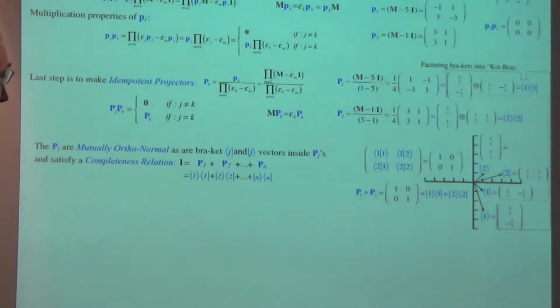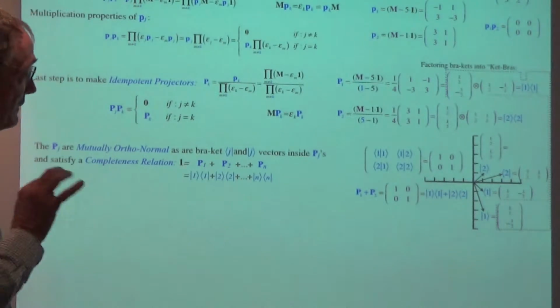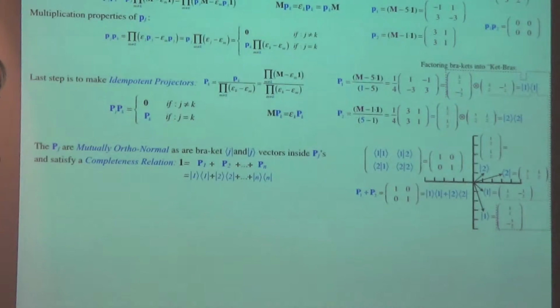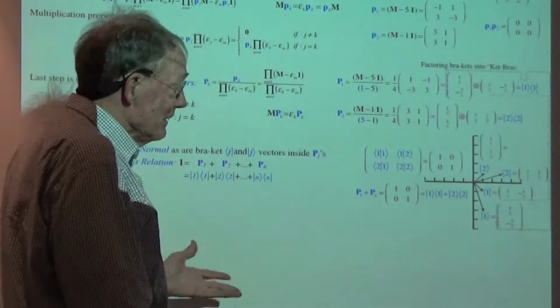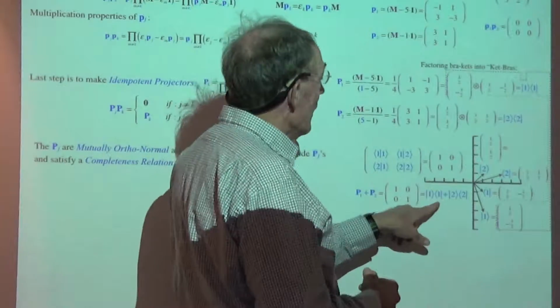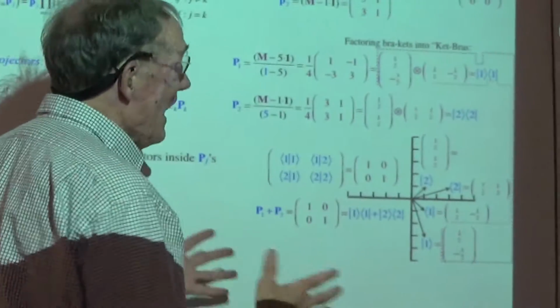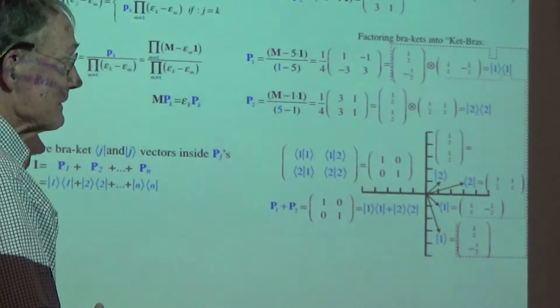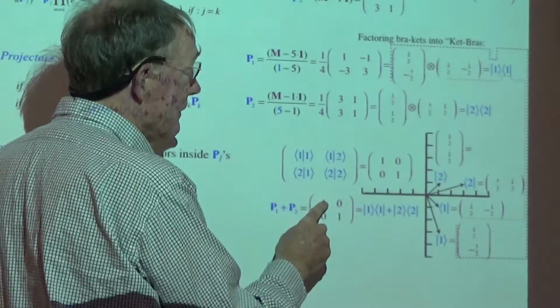Okay, now here's something that's really cool. And this at first is really hard to prove in general. Now it's easy to see if I take these two projectors that I've produced here, these two matrices, and add them up. 1/4 plus 3/4 is 1.